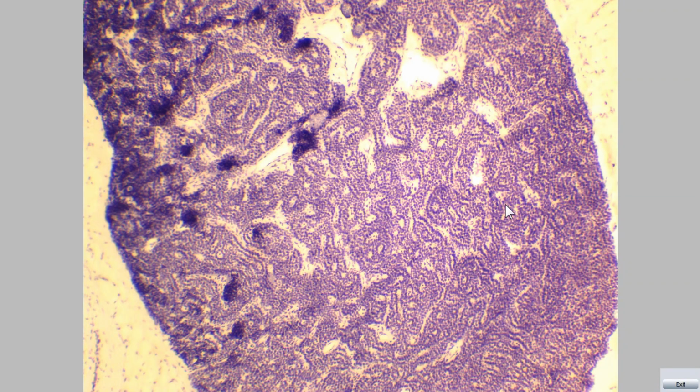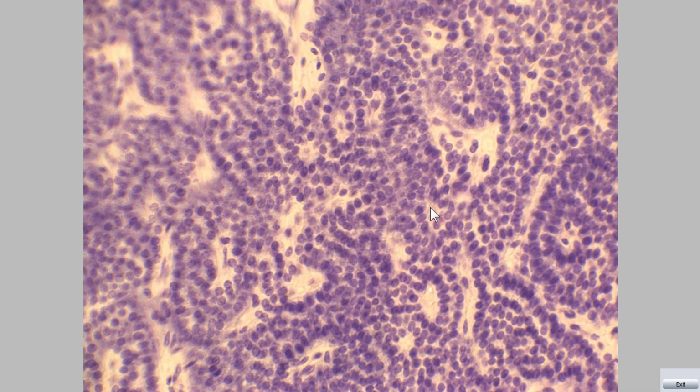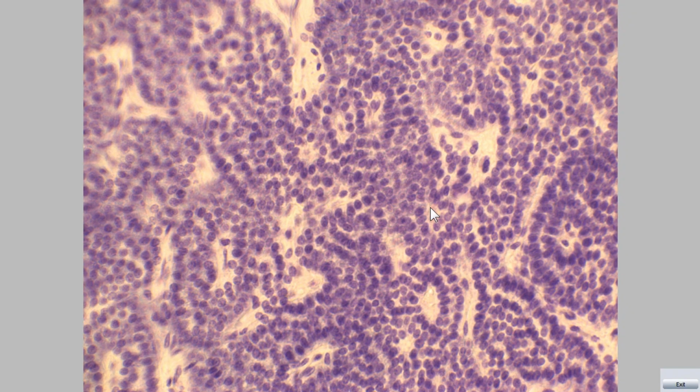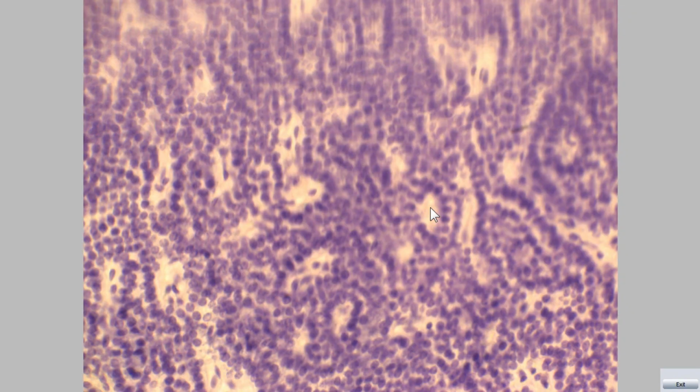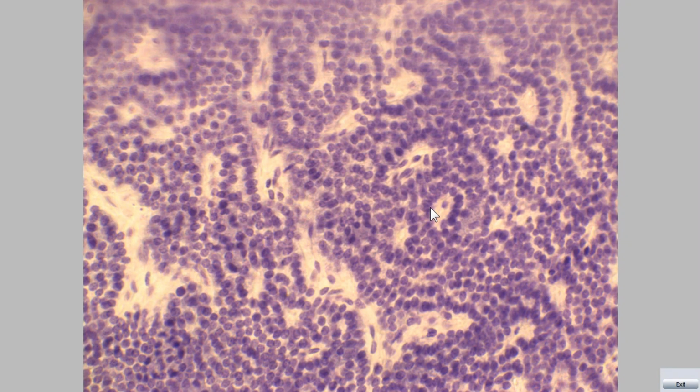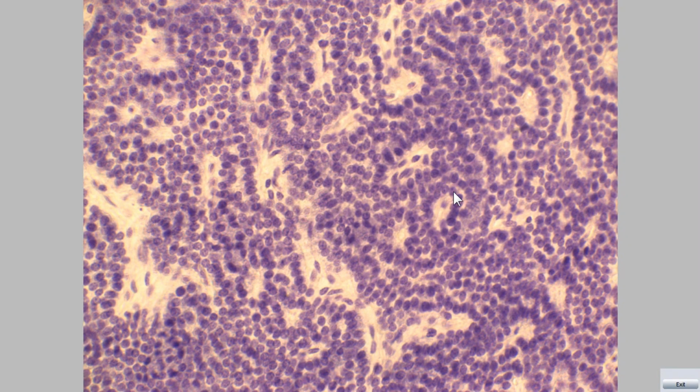They are four small glands. The principal or chief cells are the predominant cell. These are the principal or chief cells.